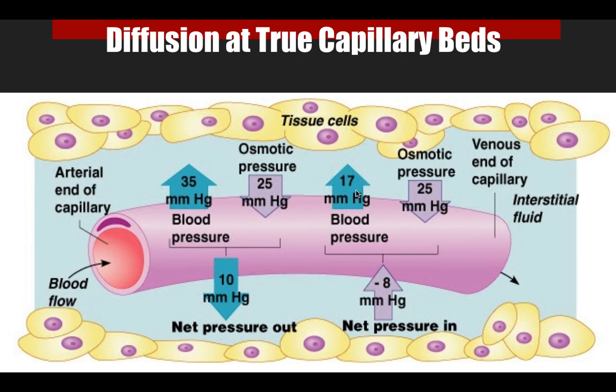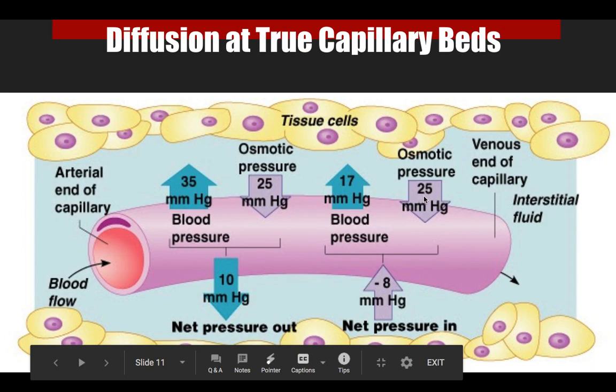So that lowers the gas pressure in the capillary to the point where you now have only 17-ish millimeters of mercury pushing away, out of the capillary, compared to the 25 millimeters of mercury of gas pressure from carbon dioxide in the surrounding tissues that are pushing on the capillary. So the net pressure is a difference of 8, right?